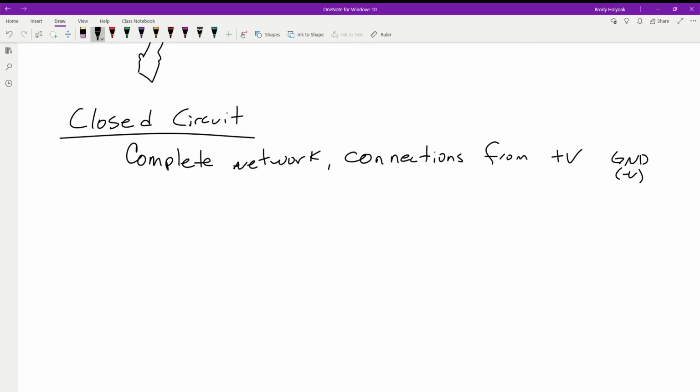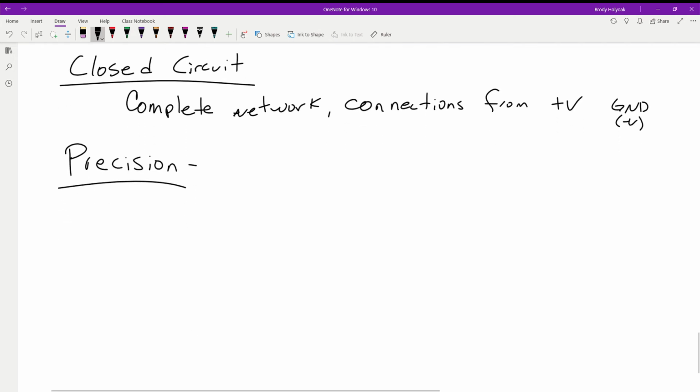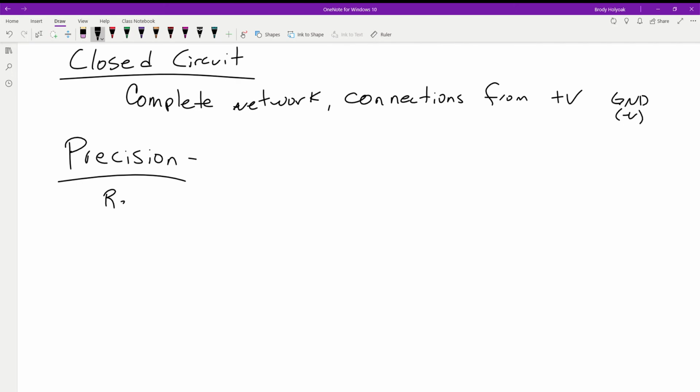Okay, so one of the things next we're going to talk about is precision. Precision is repeatability. How many times can I do something to get the same number, to get the same answer?